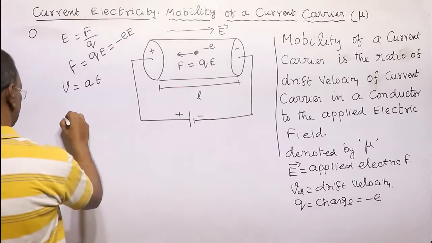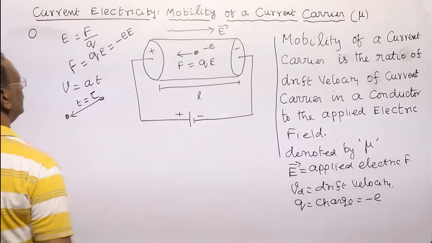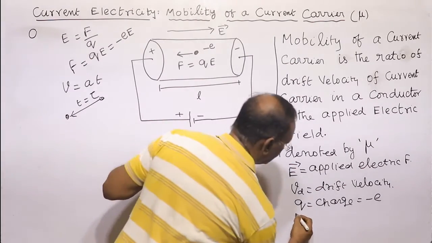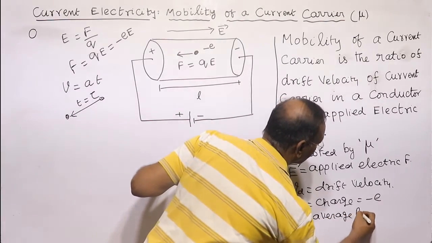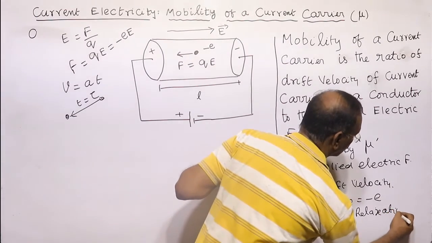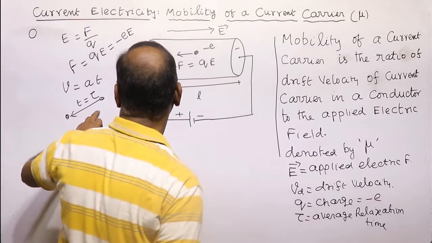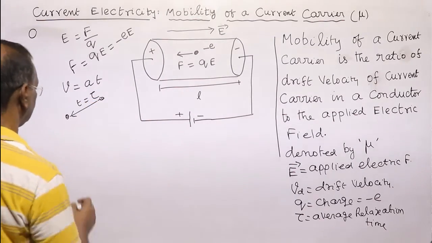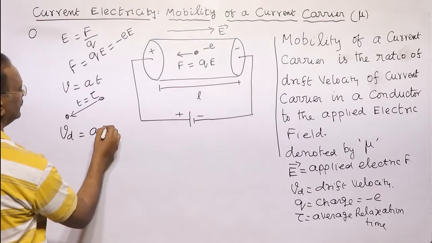Time is the average time taken between two successive collisions, which we call the relaxation time, and tau is taken as the average relaxation time of the electron. Taking all the electrons, this becomes the average relaxation time. Therefore, drift velocity is equal to acceleration into tau.